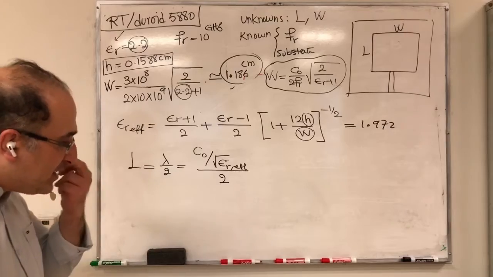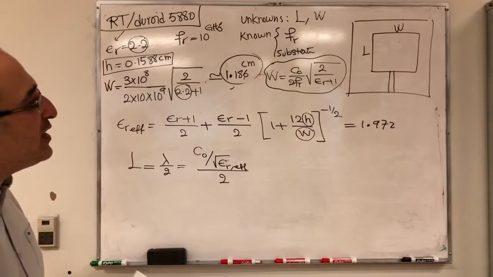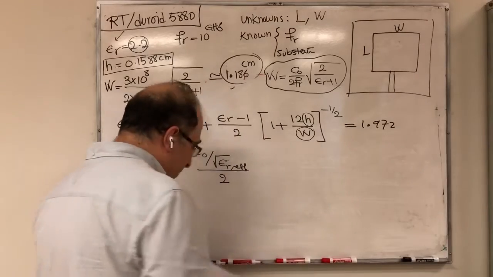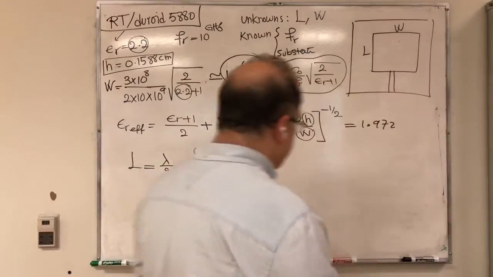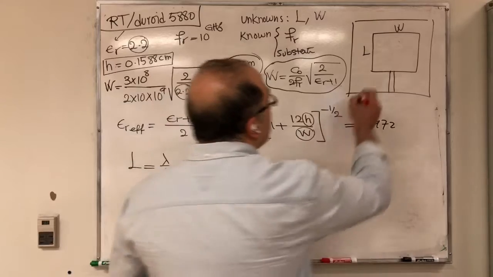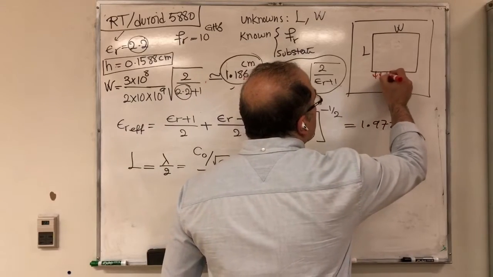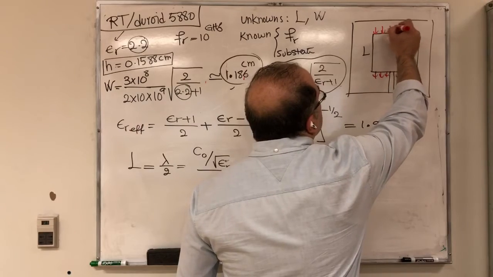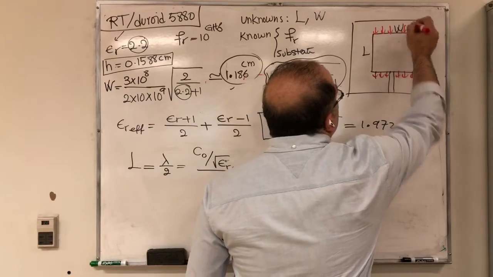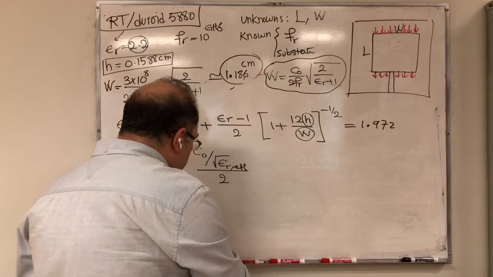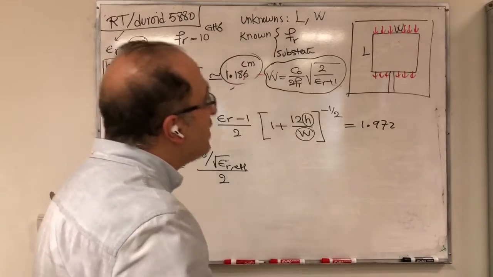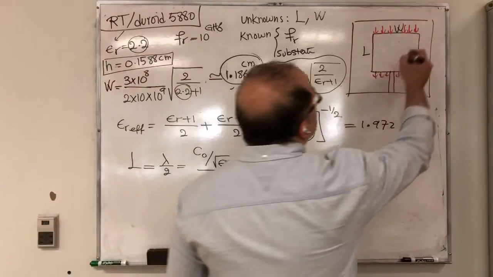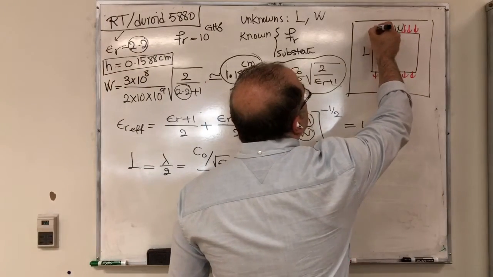The problem is when you have the fringing effect. So remember, fringing effect, we essentially had a situation like this, that we had some extension of electric field. These are the fringing effect for us. So from the perspective of electromagnetic waves, the actual length of the microstrip is this L plus this extension.